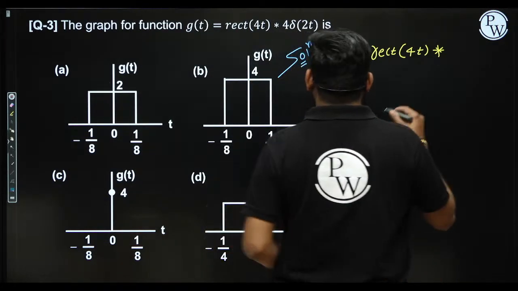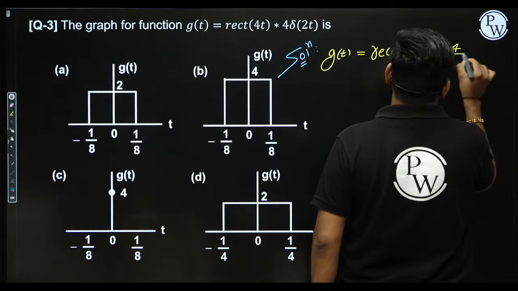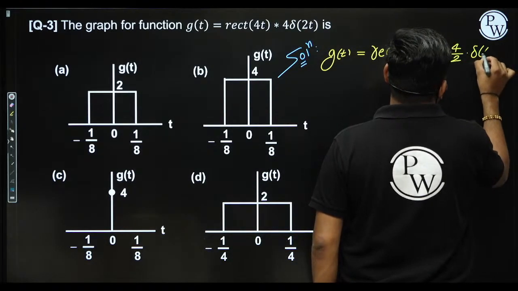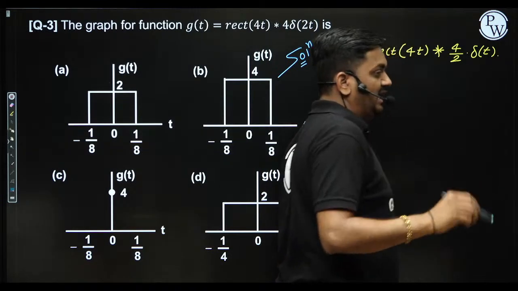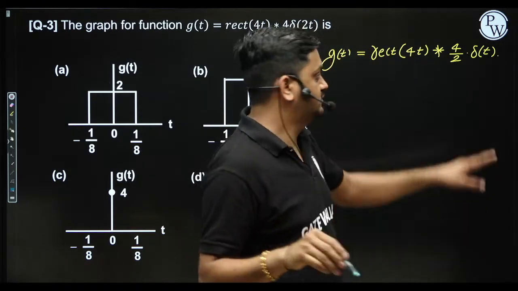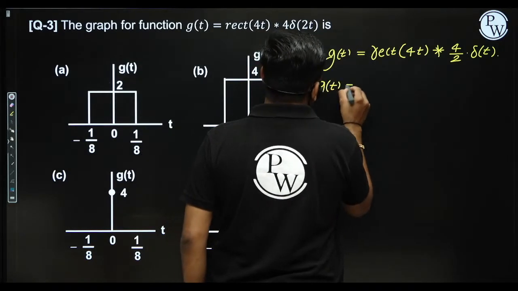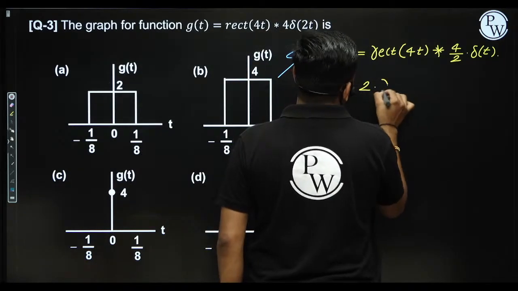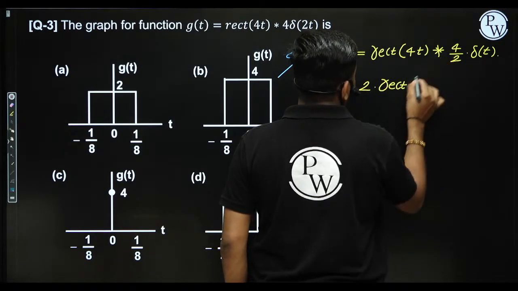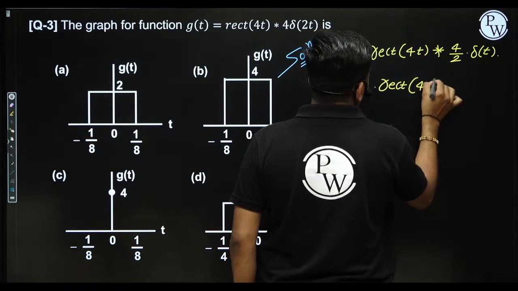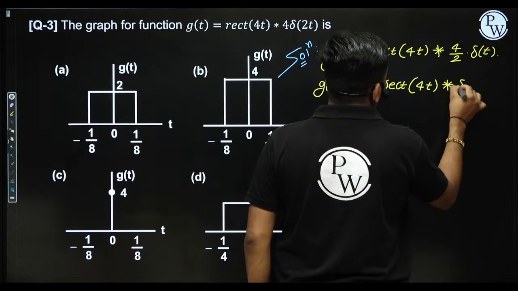Here the scaling factor is 2, so we know it is 4 by 2 into del t. Scaling property: del alpha t is equal to 1 upon mod alpha del t. So here g of t will be 2 rect 4t convolution with del t.